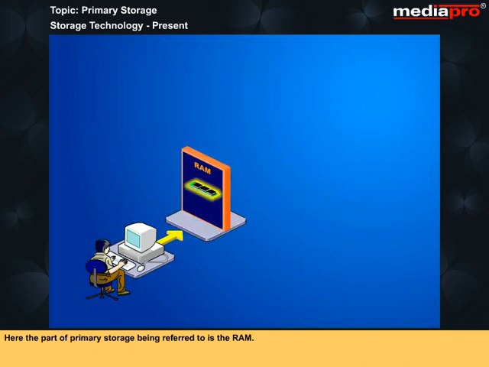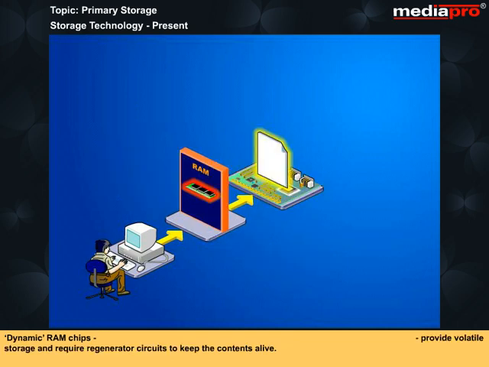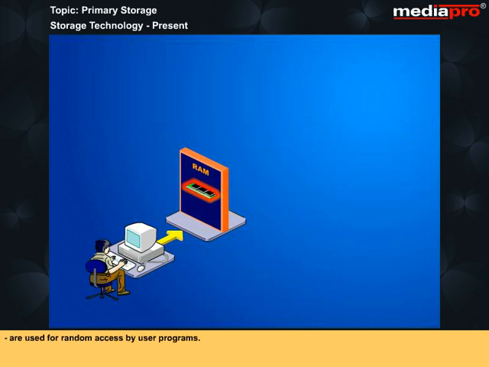Here, the part of memory storage being referred to is the RAM. RAM chips also come in two types, dynamic RAMs and static RAMs. Dynamic RAM chips provide volatile storage and require regenerator circuits to keep the contents alive. They are used for random access by user programs, and are less expensive.